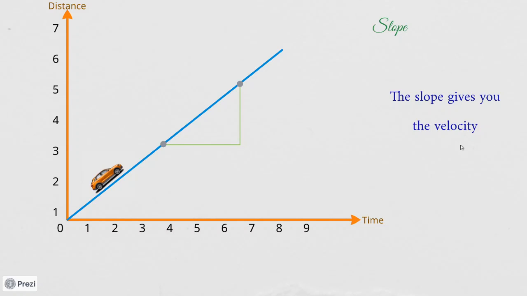I know that technically velocity is displacement by time, but displacement is distance also. I know there's a difference, but practically displacement is distance itself. So slope basically gives you the velocity or speed.